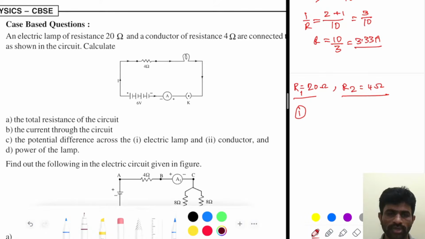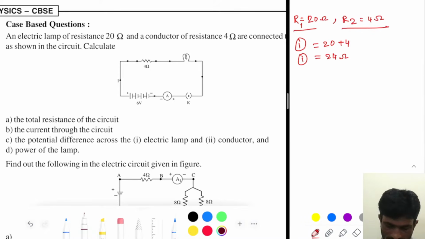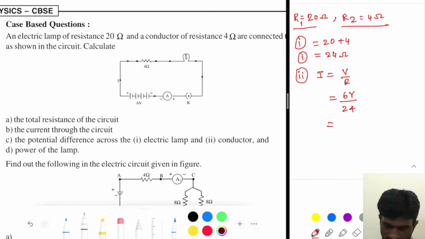Total resistance is going to be 20 plus 4, 24 ohms, first case. And the second case, second question, total current I is equal to V by R. What is V? 6 volt by 24 ohms. 6 by 24. 6 by 24 is what? 1 by 4. 1 by 4 is 0.25 amperes.